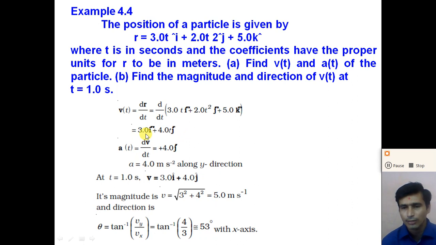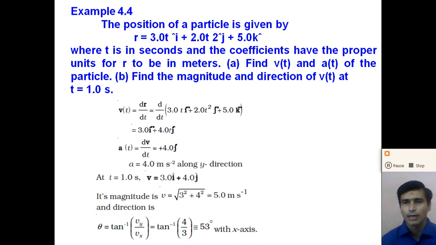Here 3 is a constant, so the differentiation of 3 is 0. 4 is a constant, the differentiation of t is 1. So we get 4j. So here the acceleration is 4j. So we can say that the magnitude of the acceleration is 4 meter per second square, and the direction of the acceleration is along the y direction, because j means the direction is along the y direction.